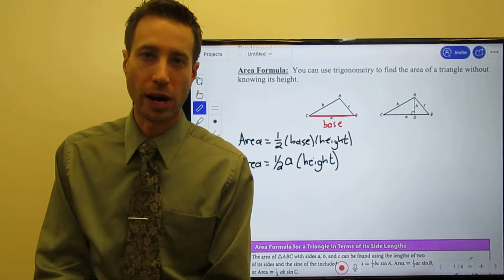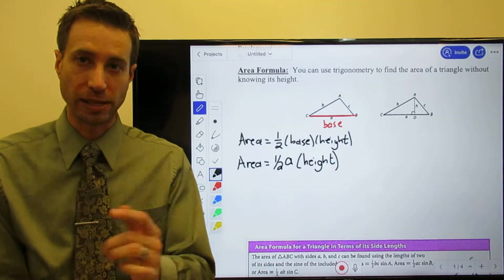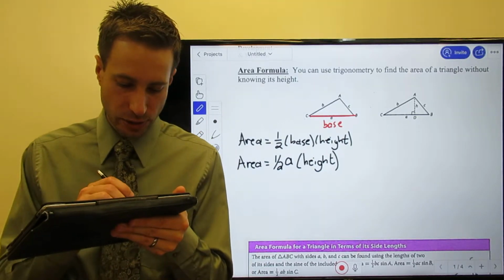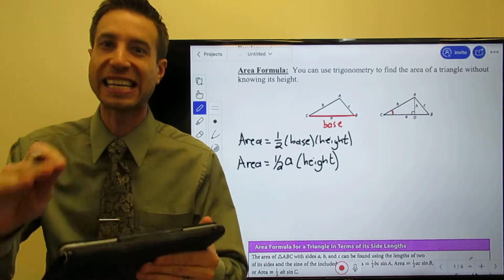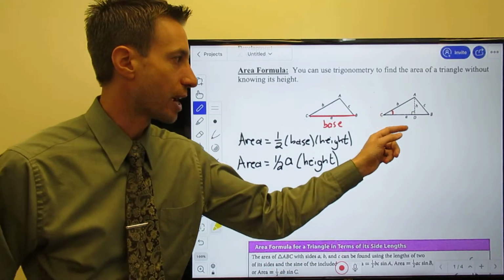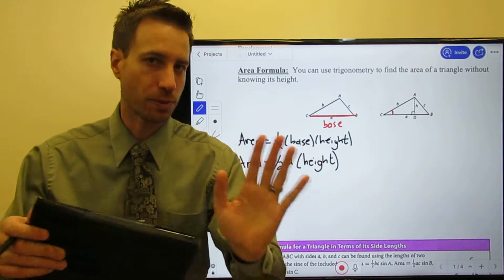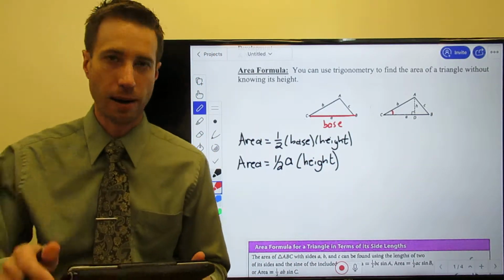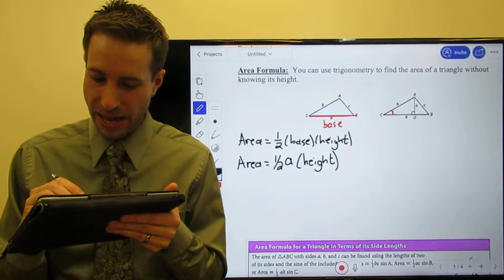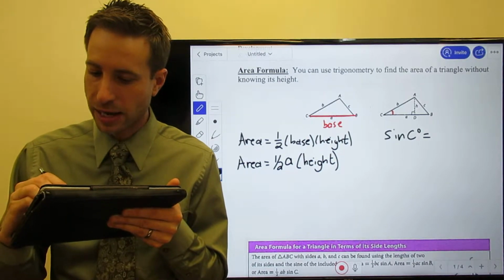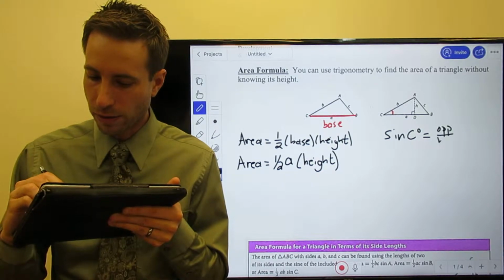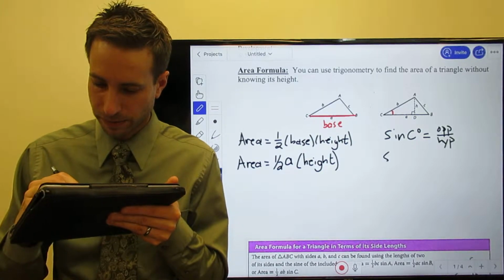And this is where the trig functions help us. Take a look at this. In this triangle right over here, if I were to go ahead and take angle C, and again, it doesn't matter which angle, angle C, angle B, angle A, I'm just picking angle C for now, so stick with me for a second. If I do sine of angle C, I know sine is the opposite over the hypotenuse.